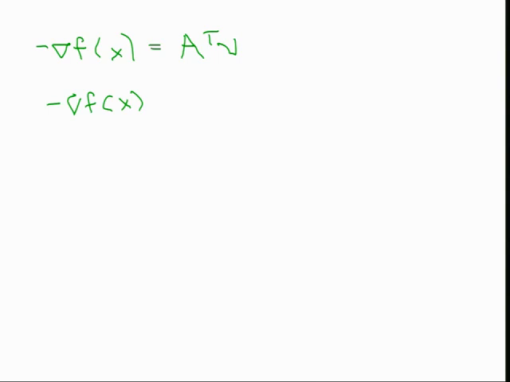So that says that this gradient has to live inside the image of the matrix A transpose. That is to say, there's some combination of the columns of A transpose that add up to this gradient. And if it's an element of the image of A transpose, then it must also be orthogonal to the null space of A, because the null space of a matrix is perpendicular to the image of its transpose.